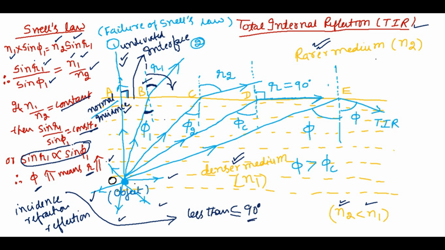So sine phi 1 and sine r1 lie in the first quadrant of the trigonometric table. Therefore sine is an increasing function in the first quadrant. It means if the angle increases, the value of sine will also increase. Conversely, if the angle decreases, the value of sine will also decrease.